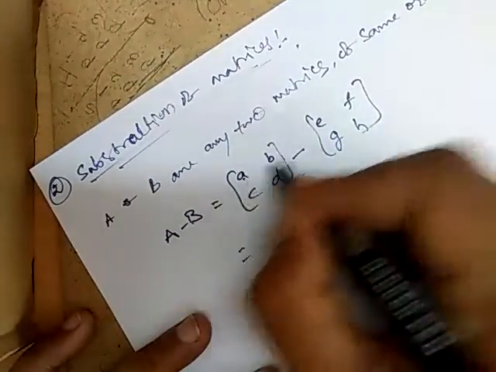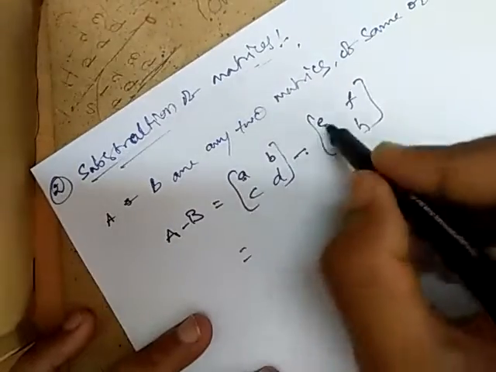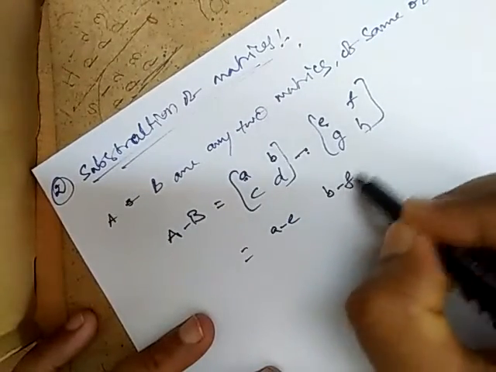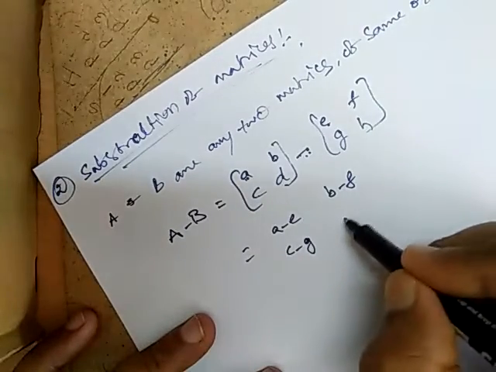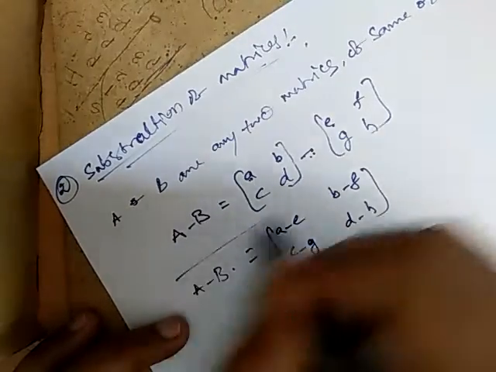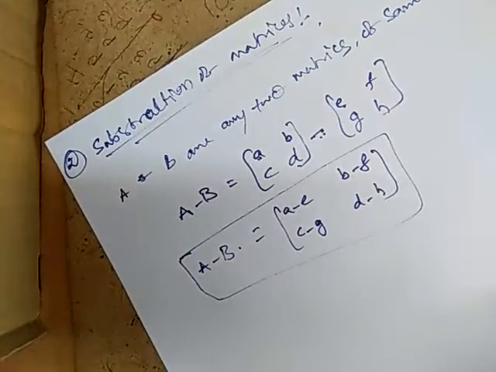That gives a minus e, b minus f, c minus g, d minus h. Corresponding elements only are subtracted. This is the condition for addition and subtraction of matrices.